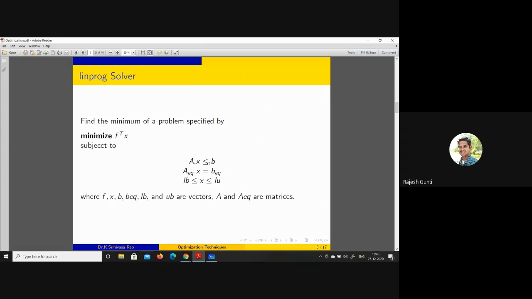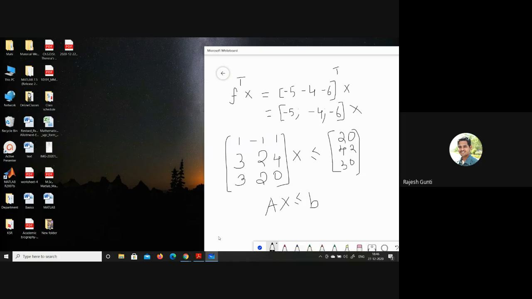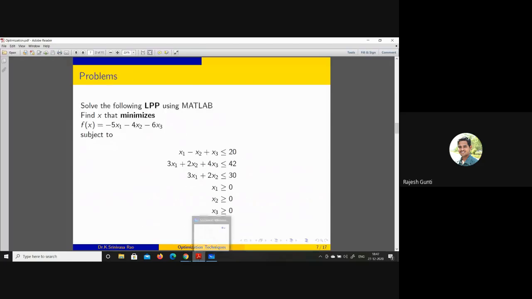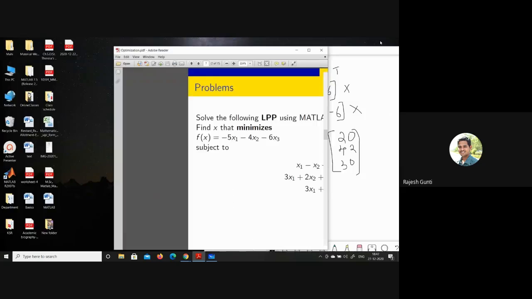Suppose there is a greater than or equal to, we convert it to less than or equal to by multiplying by minus. Suppose it is greater than or equal to 30, that is minus 3x1 minus 2x2 less than or equal to minus 30. Like that we take it.